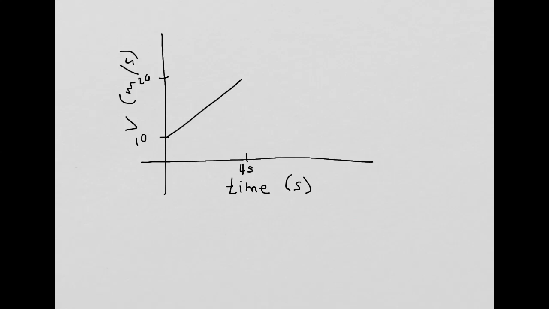Okay, so I want to figure out what is my displacement. So again, area under the curve tells us that this area is my displacement. It's just a matter of figuring out what is the area of that shape. So you should notice that this is a trapezoid.